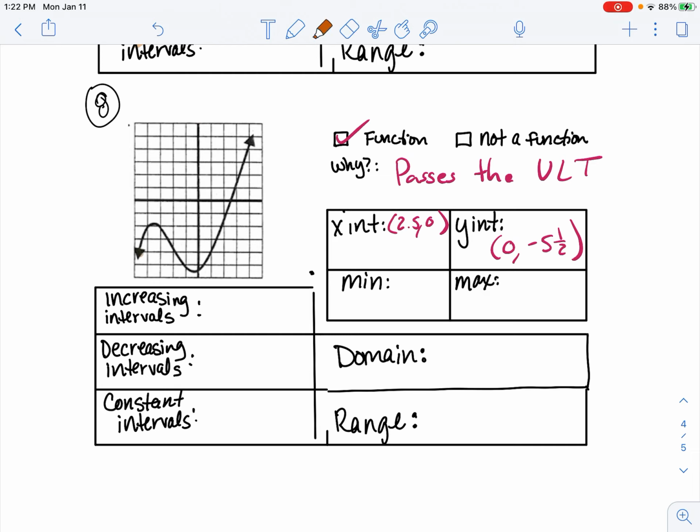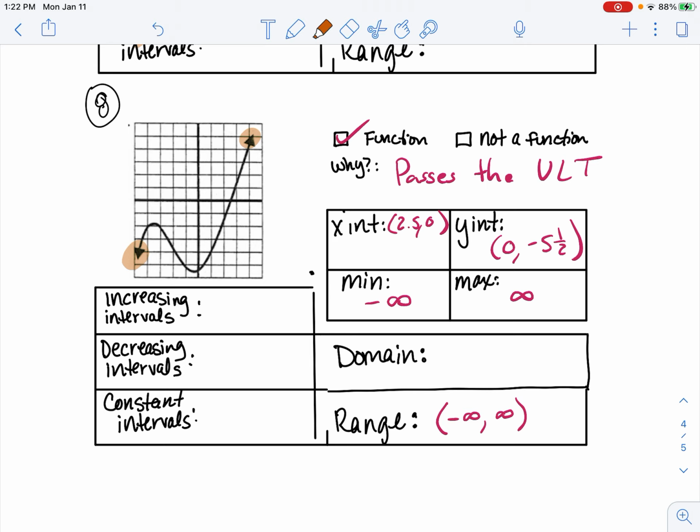Minimum, because it goes down forever, -infinity. And because it goes up forever, the maximum is +infinity. Okay. So your range, we can just do that real quick, from -infinity to +infinity.